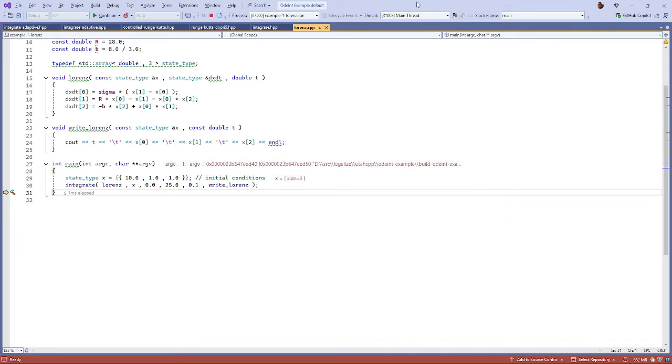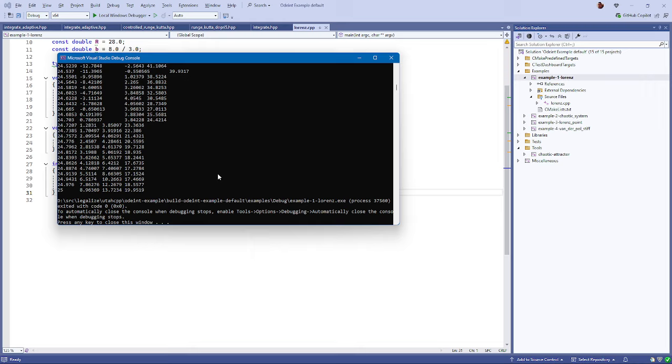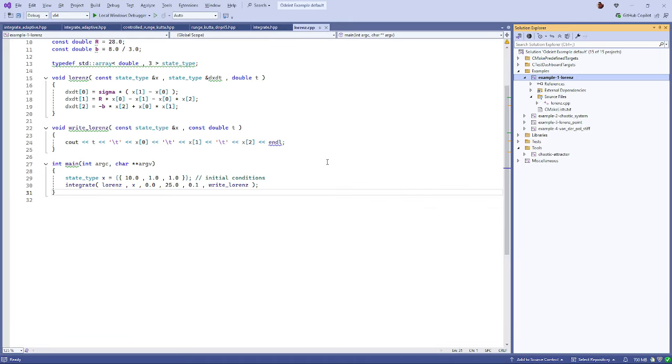And then we can continue until the program is completed. This is a very simplistic way to use this library, but it works well. But we noticed that we didn't specify any error criteria, so it's using some kind of default error criteria itself.